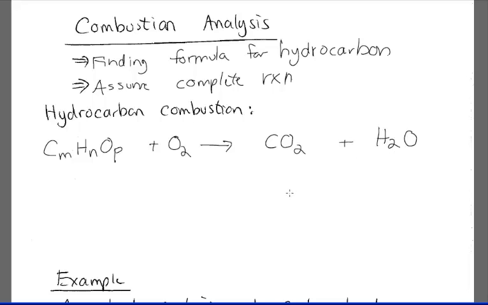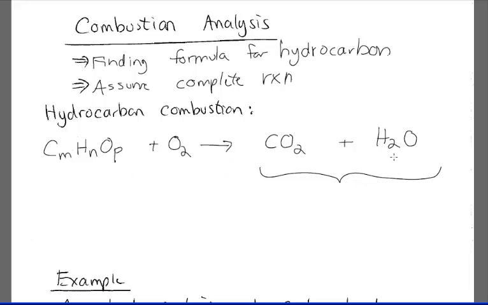So that is a hydrocarbon combustion reaction. And you use the amounts of carbon dioxide and water to find the amounts of carbon and hydrogen in the substance. If you notice, you'll produce one molecule of CO2 for every molecule of this, multiplied by what M is. Okay, so if M is 2, you'll produce 2 over here. If M is 3, you'll produce 3 over here.